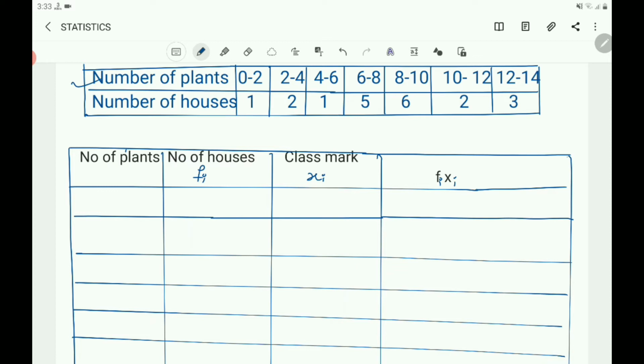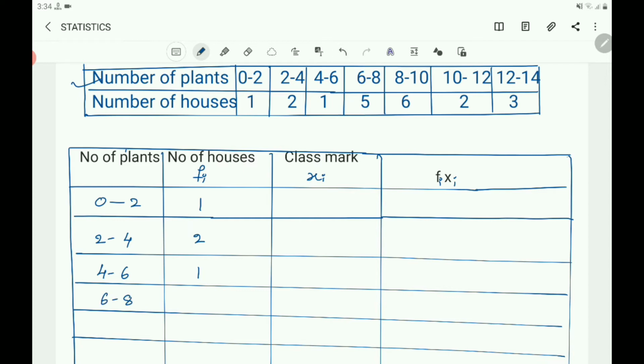Now take the first class interval 0 to 2, its frequency is 1. Second class interval 2 to 4, its frequency is 2. Next, the class interval 4 to 6, frequency is 1. Next class interval 6 to 8, frequency is 5.